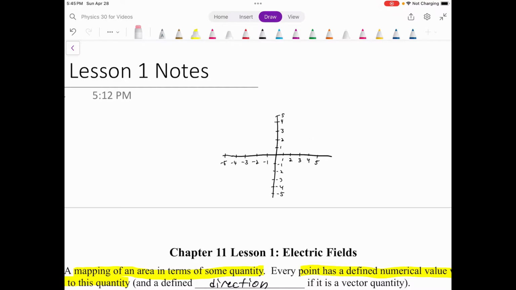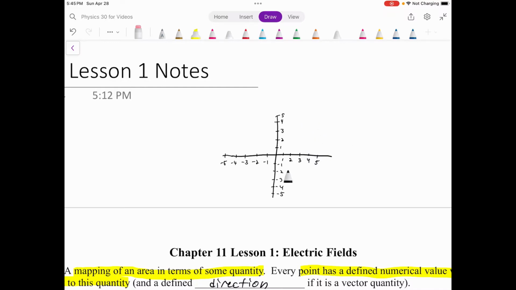You could even think of this, if this is supposed to represent, like, maybe you are standing here and we want to know where your friend is relative to you. This is kind of like a position field or a displacement field, right? Every single point here now has a well-defined numerical value in terms of some quantity. That quantity being position in this case, right?